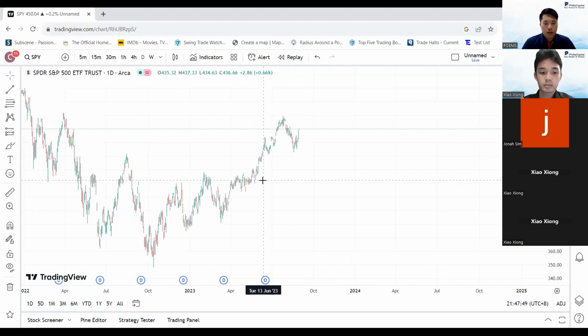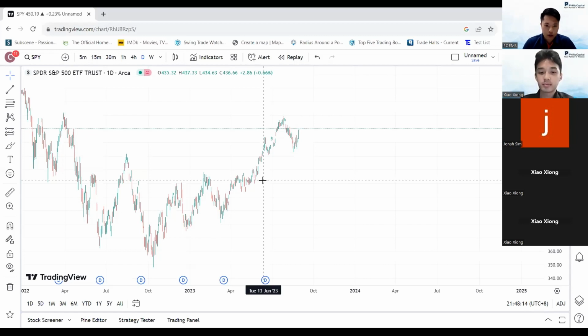Now here's the funny thing: fundamentally, whenever the Fed increases interest rate, there will be an inverse relationship with the market. We will say that when the Fed increases interest rate, the market is more likely to be bearish. But here the S&P is standing at a bullish trend, right? So something to take into consideration.